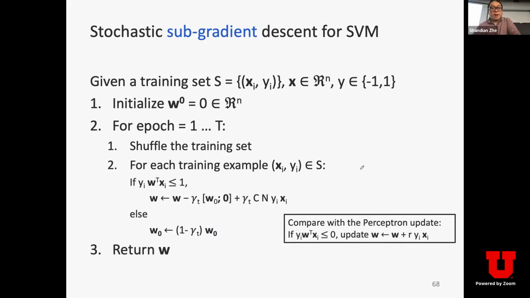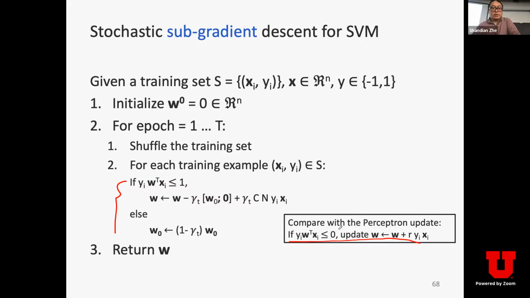So now if we compare with perceptron update, we just need to change this if-else statement by the updating rule for the perceptron, right? So for the perceptron, I just look at my function margin, y_i w transpose x_i.